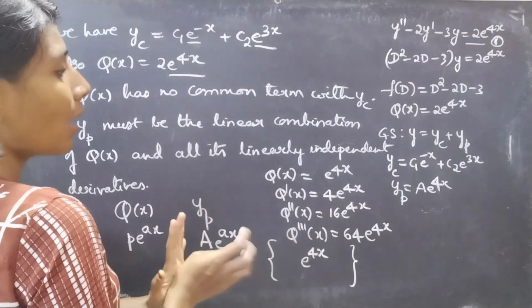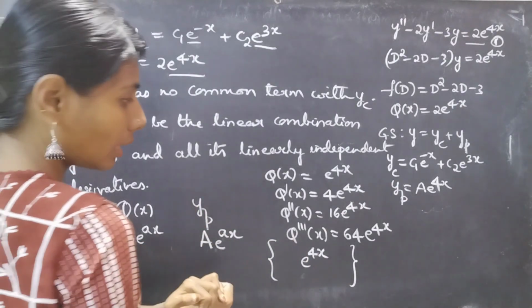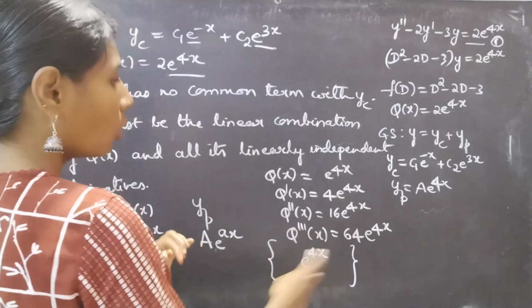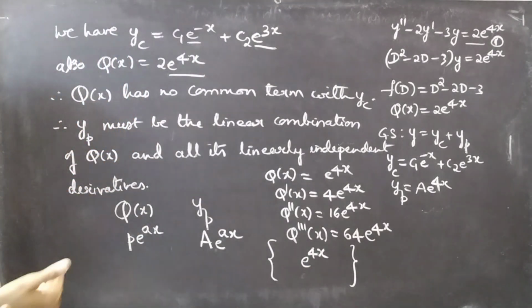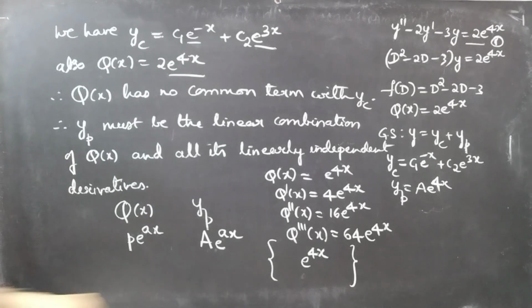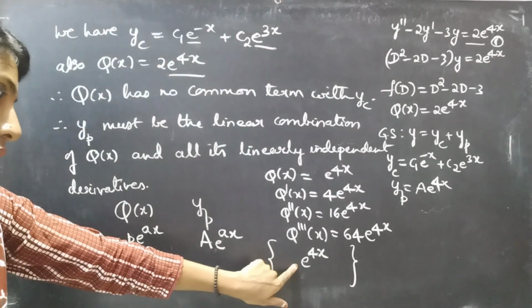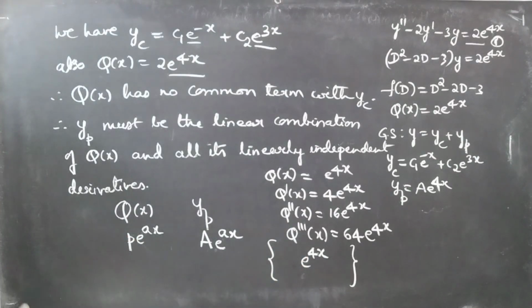So we don't have any other function other than e power 4x, right? Or no single constants, or no term having constant without a function. Okay, so here the terms of q of x and its derivatives has only e power 4x, and there is no other term other than this e power 4x.